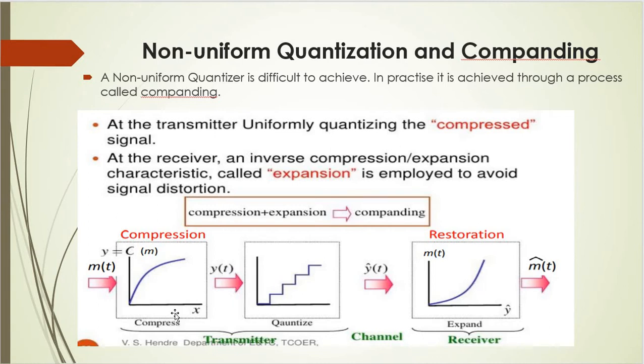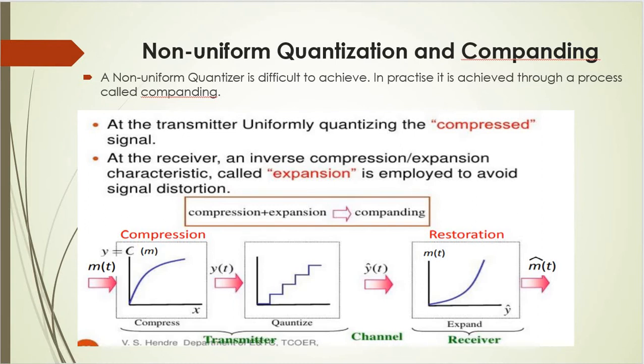The smaller amplitude signals are amplified and signals with large amplitudes are compressed. After compression, the signal is quantized with a uniform quantizer, modulated and transmitted. At the receiver end, to restore the signal, it is expanded. This is the characteristic of a compressor, and this is the characteristic of an expander. This is a very important topic as far as the exam is concerned.